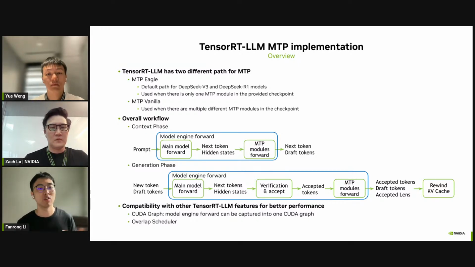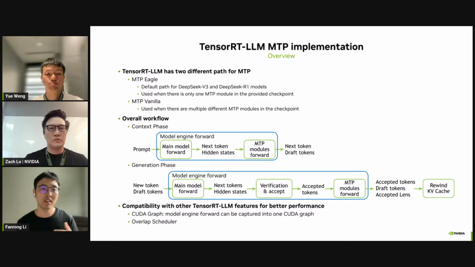MTP Eagle is the default path for DeepSeek V3 and DeepSeek R1, and this method is used when there is only one MTP module in the provided checkpoint. For example, in the official DeepSeek V3 and DeepSeek R1 models, there is only one MTP layer in their checkpoint. So this is the default path for those 2 models.